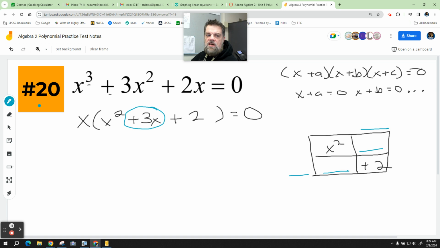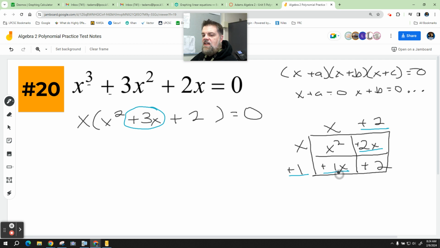So let's start that process. X squared is easy. That's just x times x. And then 2 is a prime number. I could really only multiply 2 times 1. What happens if I say plus 2 plus 1? Well, 2 times x is a positive 2x. 1 times x is a positive 1x.